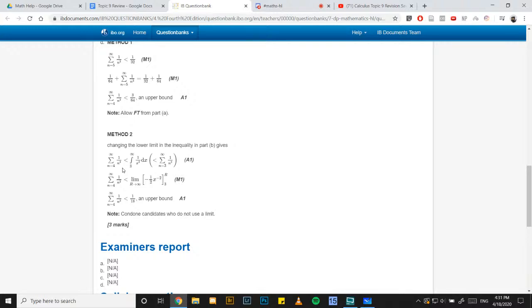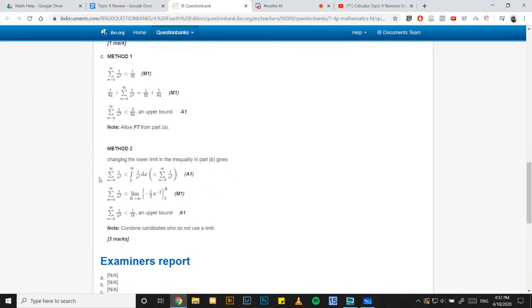So instead of utilizing the previous information, you know that this is smaller than whatever that integral is. Notice that this is the sum from n equals 4 of 1 over n cubed, and this is the integral from 3 to infinity, and you know that this has to be smaller than this. So you just evaluate this, and you create a new upper bound that's completely new.